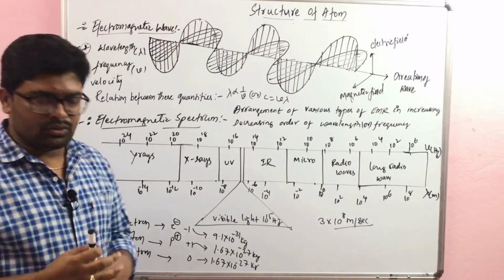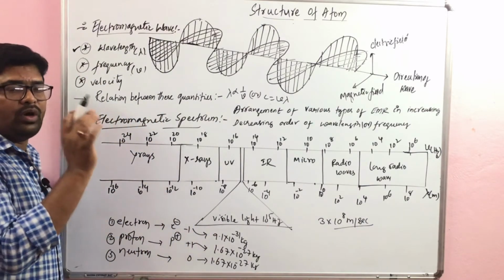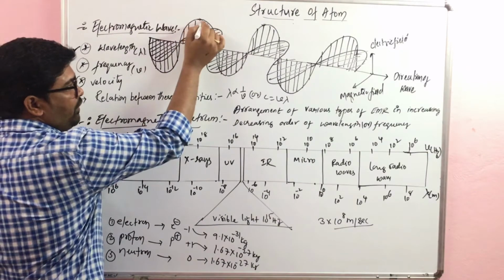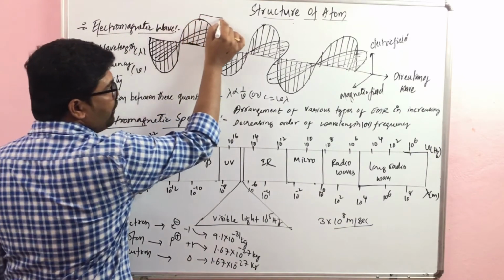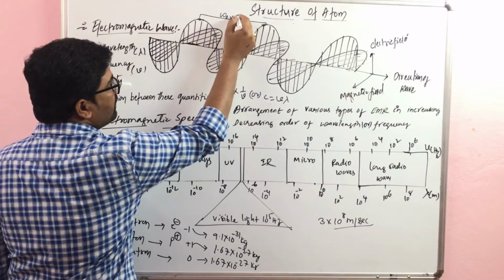So what is wavelength? Wavelength is the distance from one wave peak to another wave peak. This is one wave, and this is the peak of one wave. The distance from one wave peak to the next, we call wavelength.